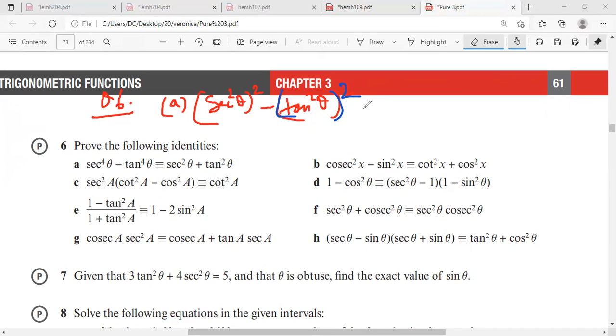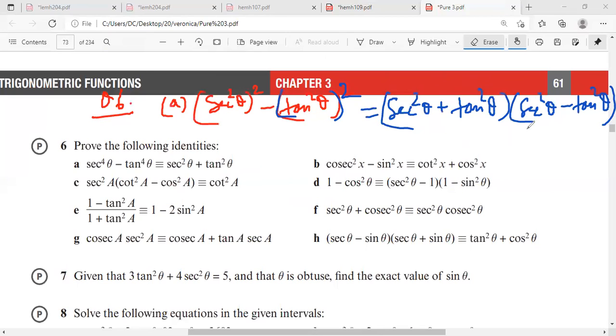Now a square minus b square, which is a plus b, a minus b, right? Means a plus b is sec square theta plus tan square theta, and a minus b is sec square theta minus tan square theta. Oh wow, we get the answer because sec square theta minus tan square theta is 1. So we are getting sec square theta plus tan square theta into 1.